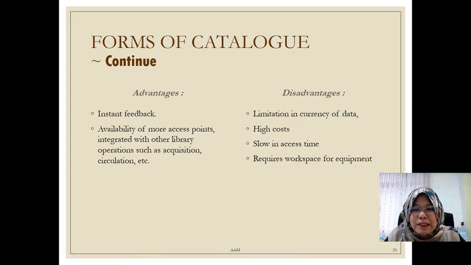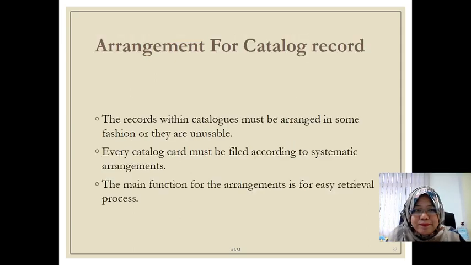For the disadvantages, there is limitation in the currency of data, high cost for the first-time startup of the online catalog, and also for updating and maintenance of the catalog itself, slow access time, which depends on the internet coverage area, and it requires workspace for the equipment. You have to have a laptop or PC put in certain areas so that we can access the online catalog.